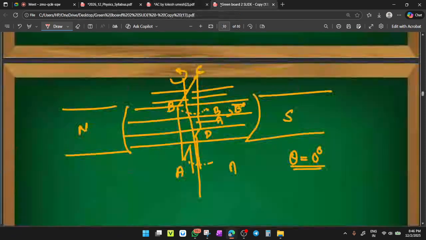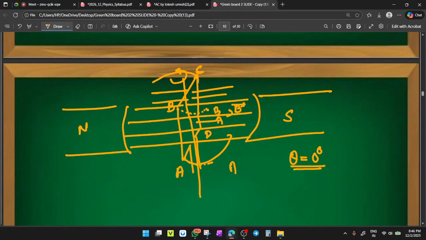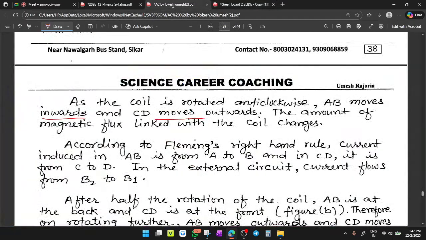Obviously AB will move inside and, sorry, CD will move outward. Because CD was previously outward, it tries to come forward in this direction. The amount of magnetic flux linked with the coil changes.